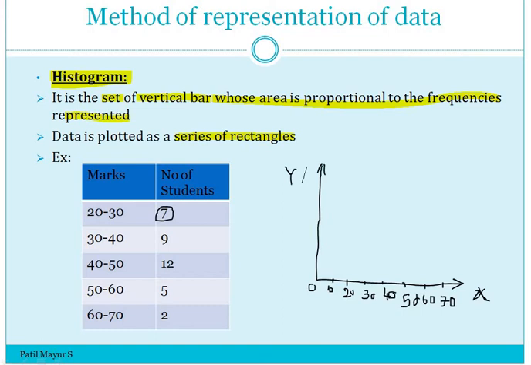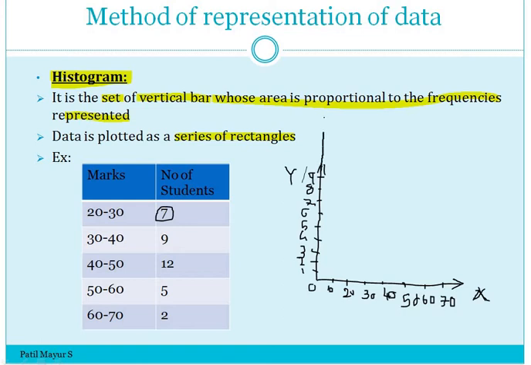So I will mark 1, 2, 3. I hope you understood that it is through the mouse, therefore can't get the right way. 6, 7, 8, 9.